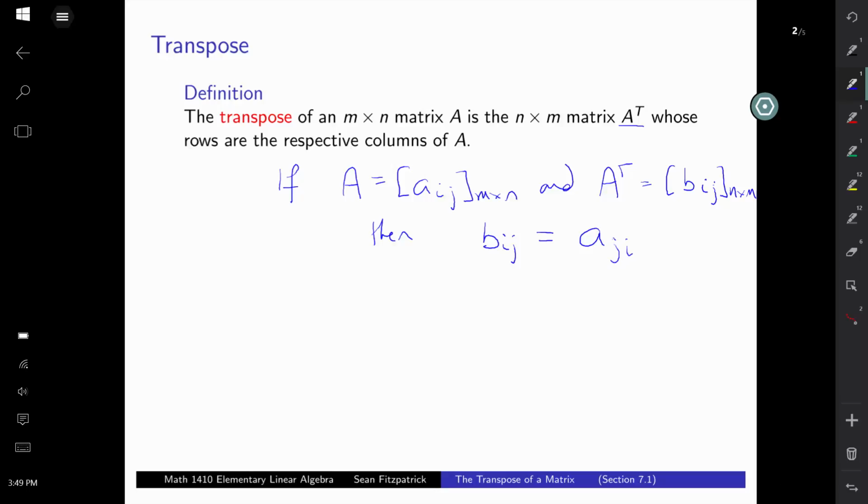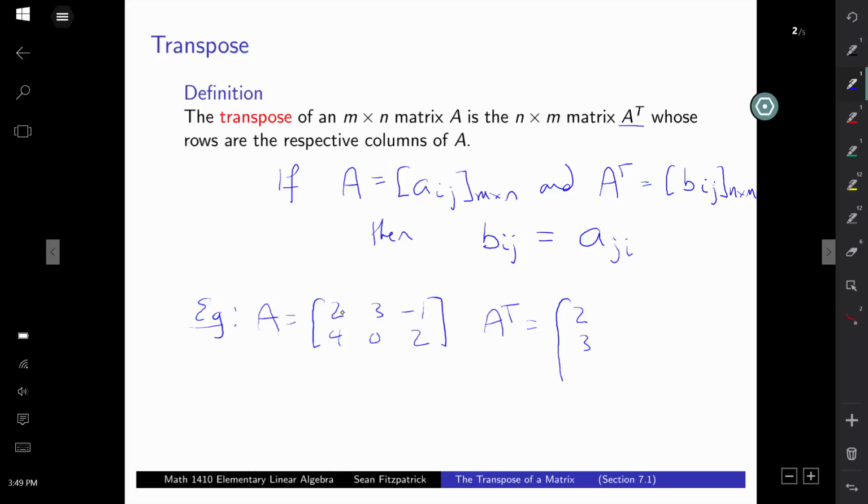Just for some quick examples, we'll do some more coming up, but just to get us started, let's say A looks like 2, 3, minus 1, 4, 0, 2. The transpose of A: the first row of A becomes the first column of A transpose, so 2, 3, minus 1.